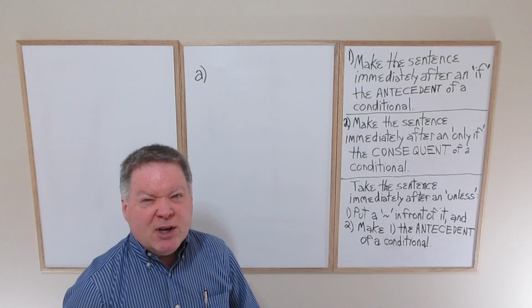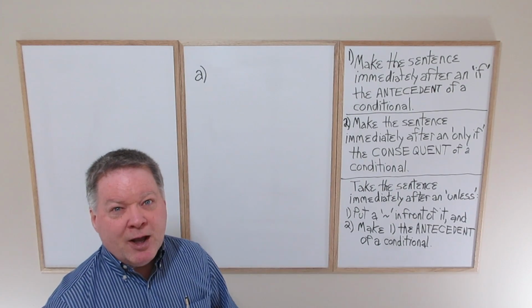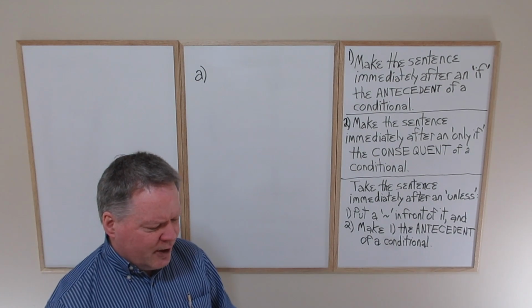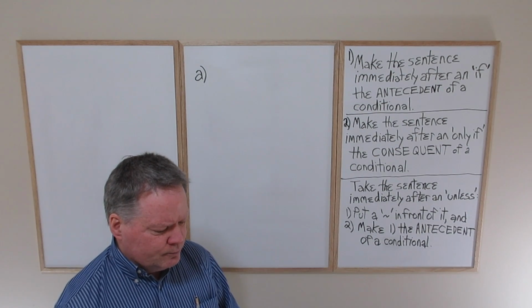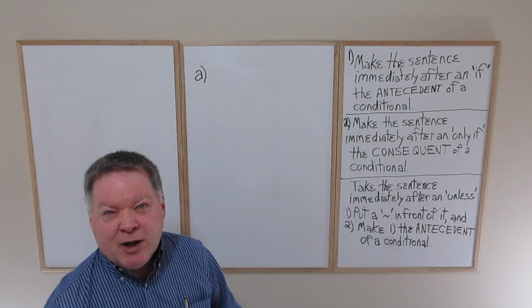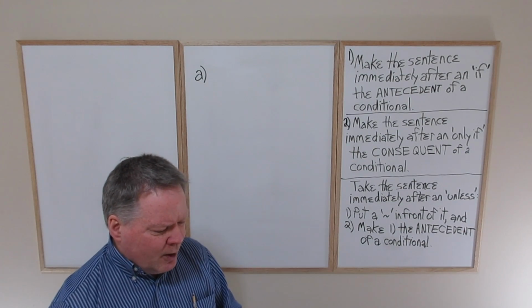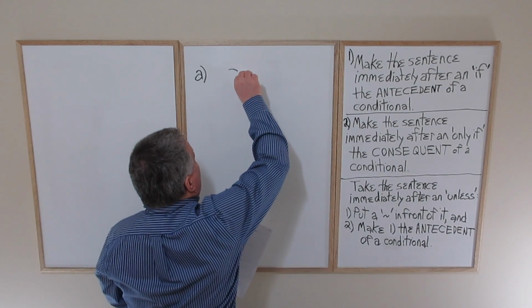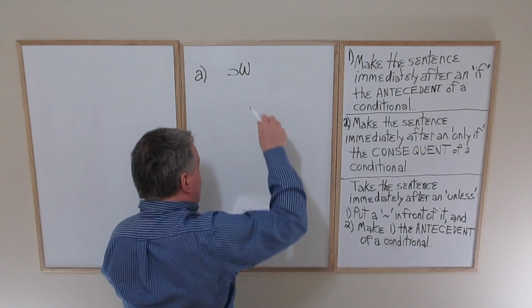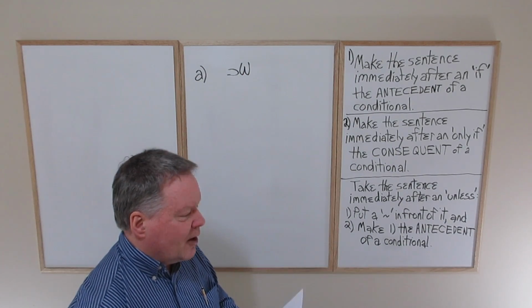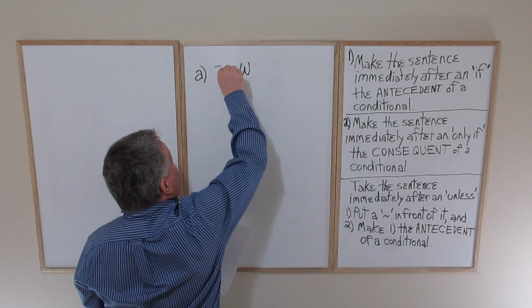Whatever occurs immediately after the only if is not the antecedent, but the consequent of a conditional. What occurs after the only if, logical indicator phrase, is Mary is working late. So that's W. In the other part, John will make supper, is J.